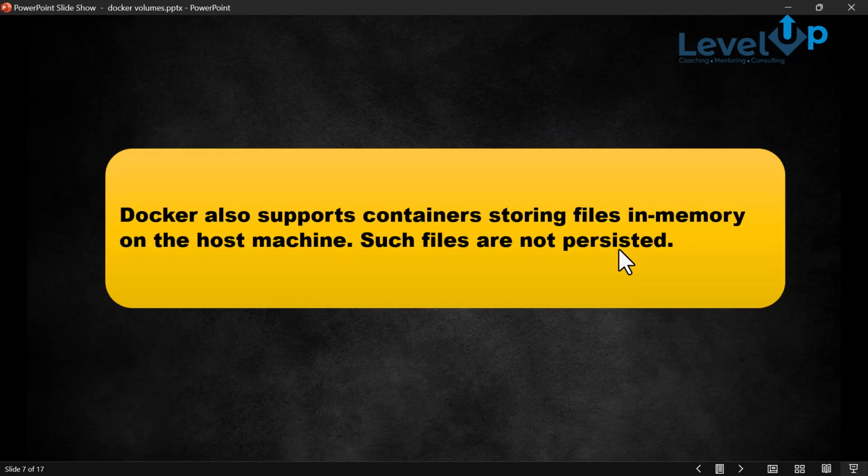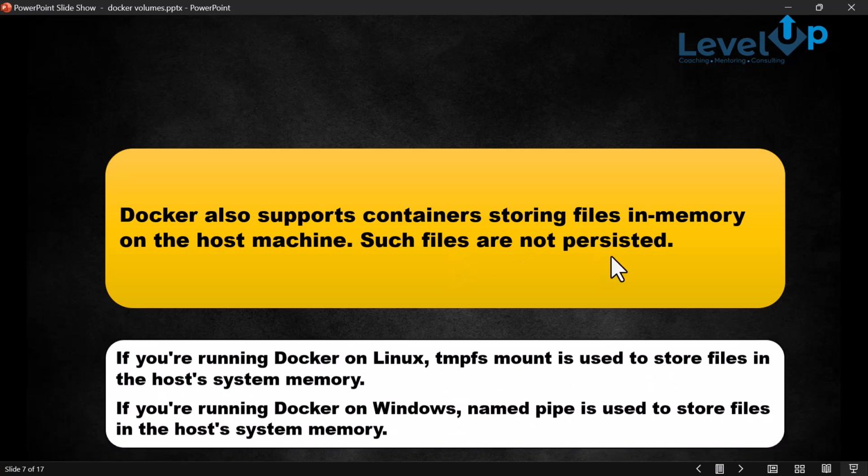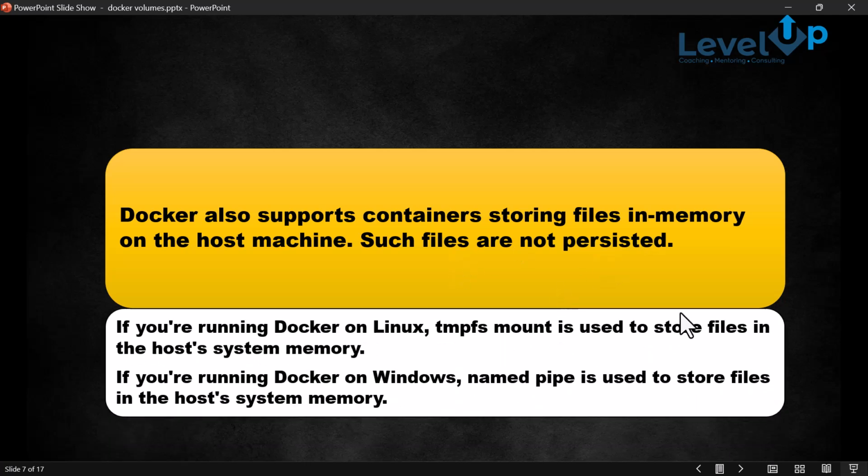Docker also supports another type of storage which is not persistent. That is basically called temporary storage. If you're running Docker on Linux, it is basically tmpfs. If the storage is memory, it is not guaranteed that the data will be there.